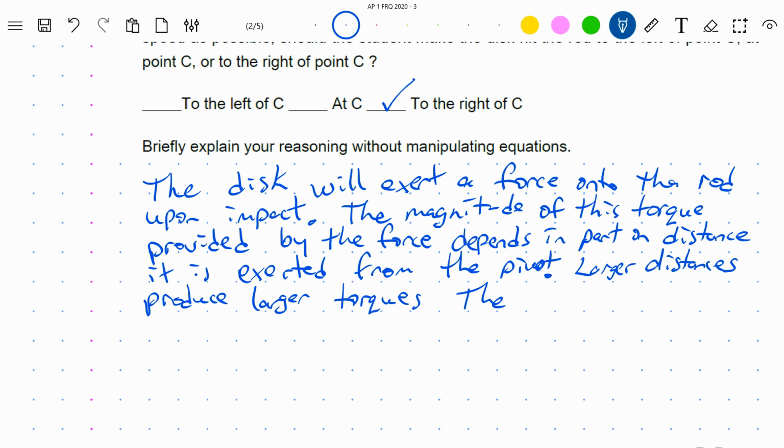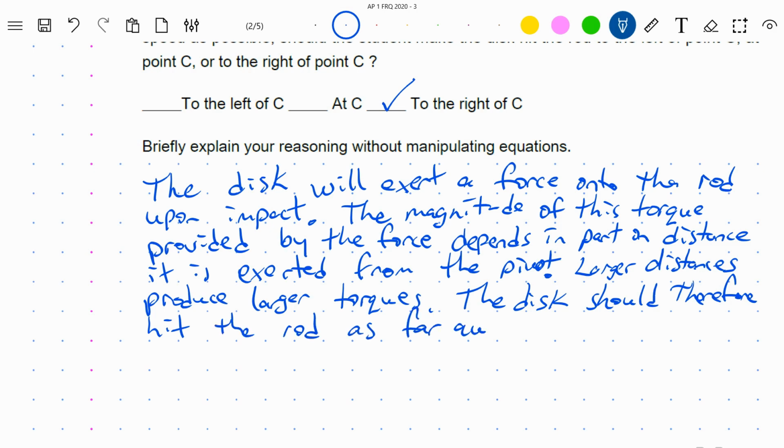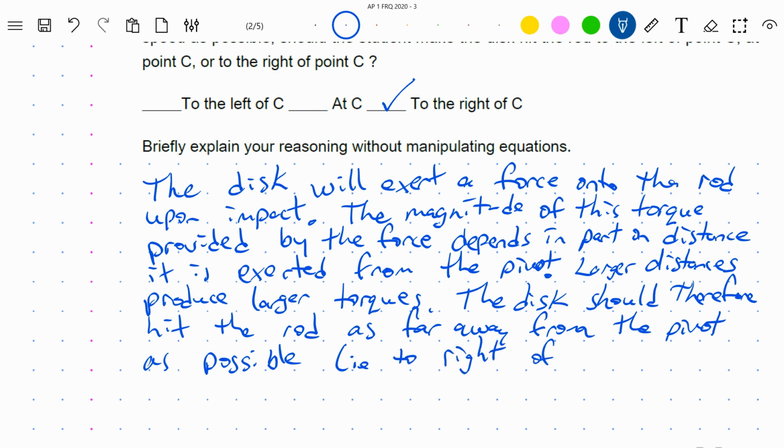So the disk, just to conclude this, should therefore hit the rod as far away from the pivot as possible, which is to say, to the right of point C.